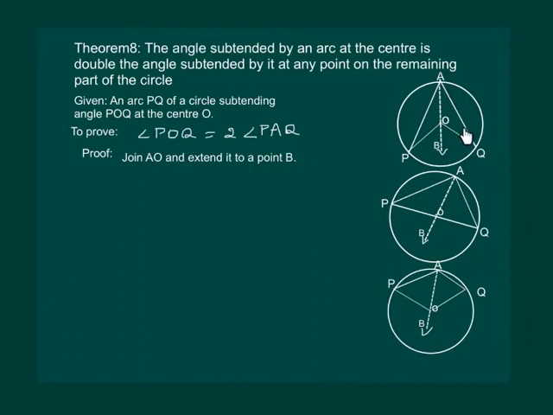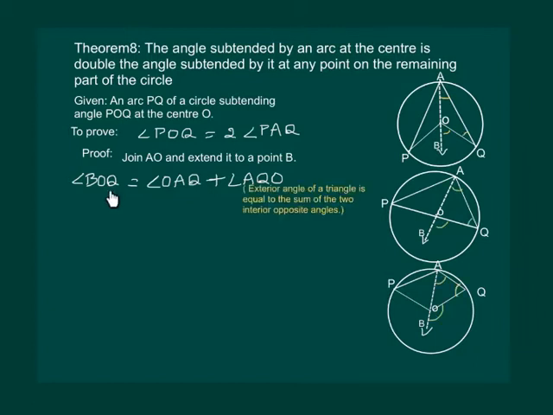So these two are the opposite angles. Let us write: we have angle BOQ equal to angle OAQ plus angle AQO. And this equation is true for all the cases.